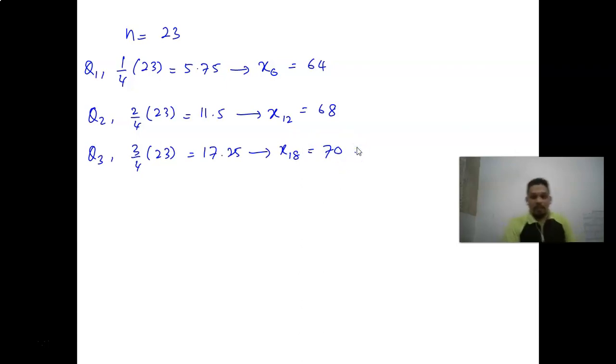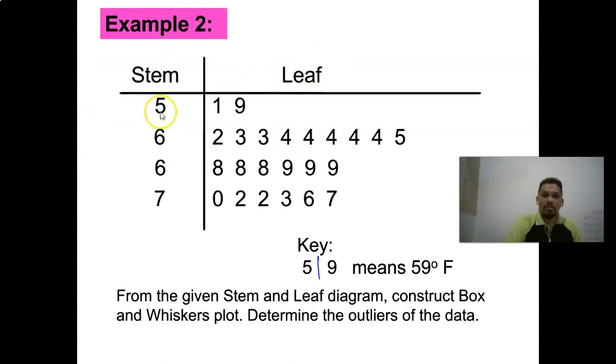So, okay, now let's say the first quartile, 1 over 4 times 23, the 6th observation. Okay, look at this one here now. It begins with 51, then 59, then 62, 63, 63, 64.